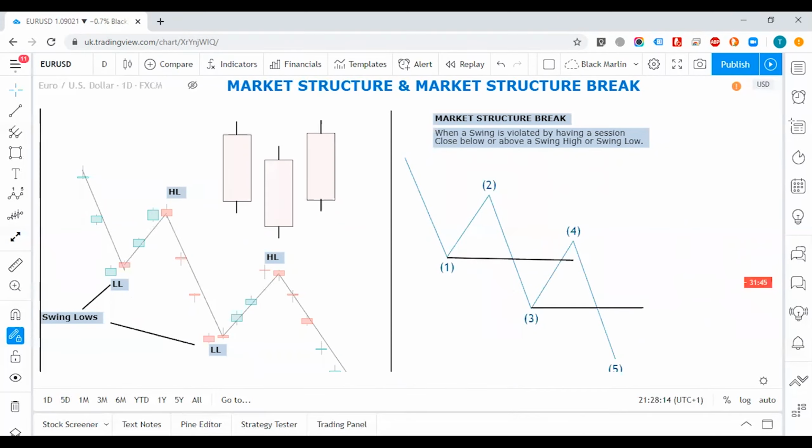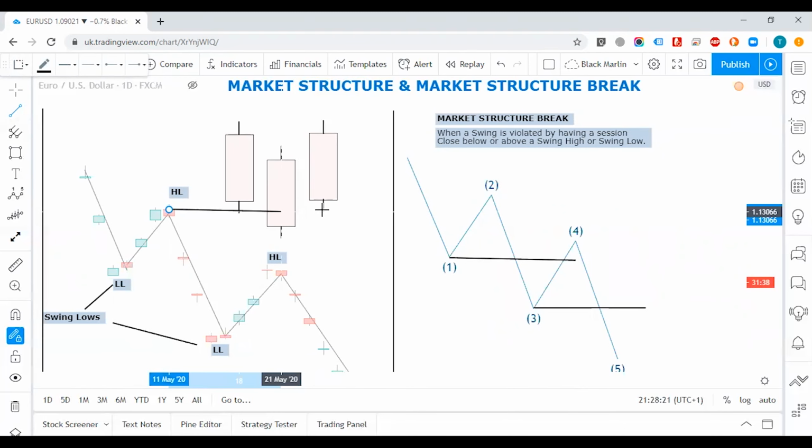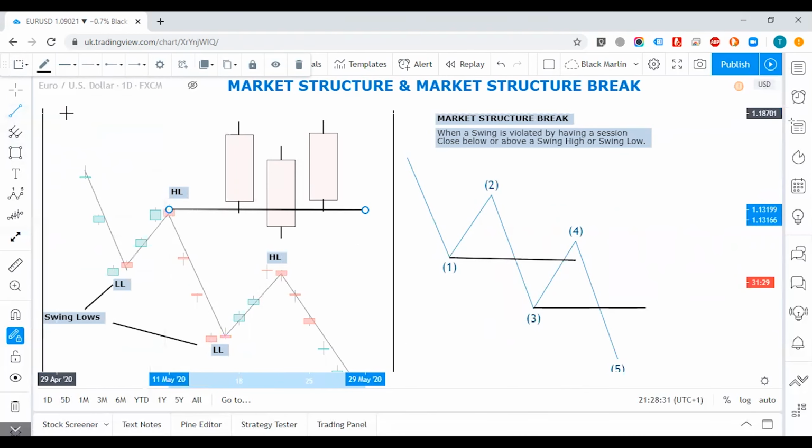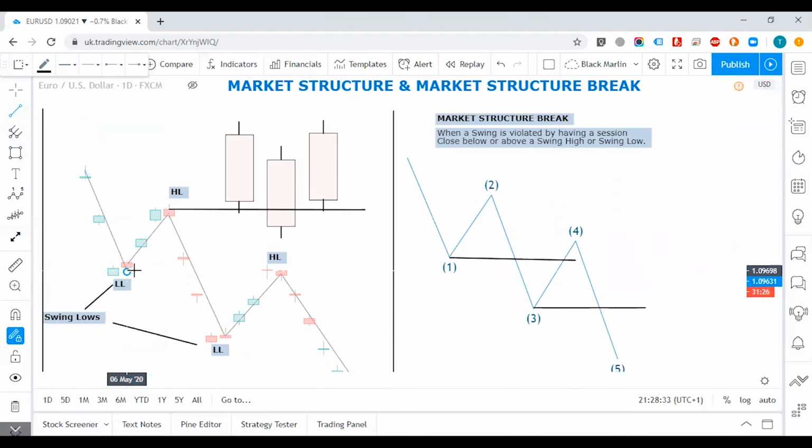And the break simply means when price moves past a previous structure. So for example, here's a structure. When you have a high point created, and you have a low point, sorry, you've got a low point created in the market.